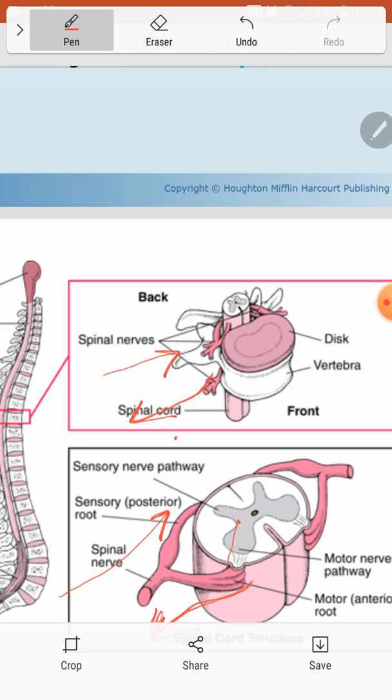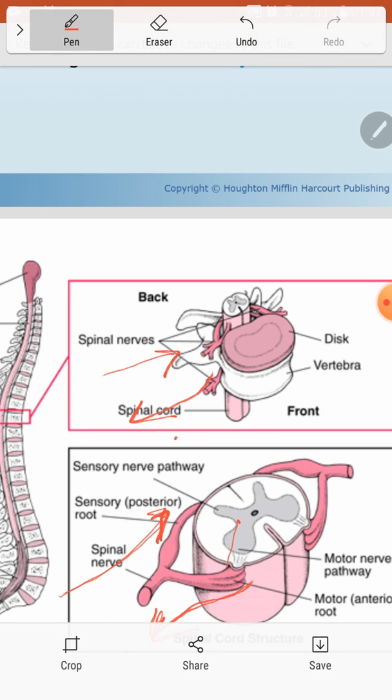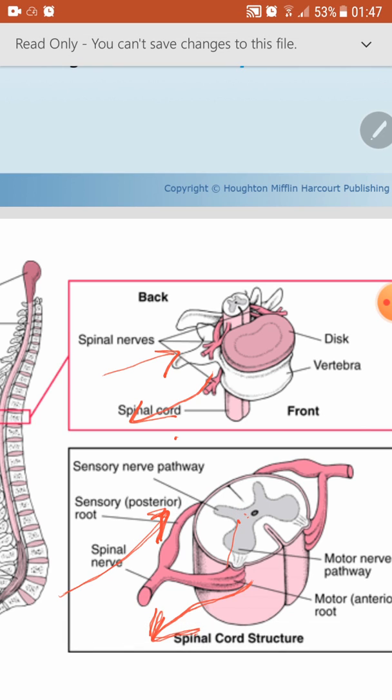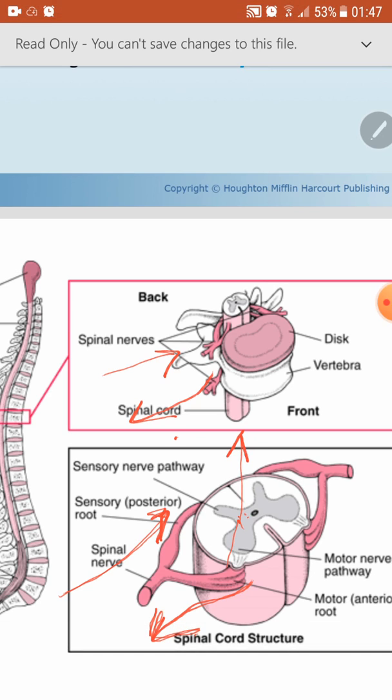If it was just warm and you realize that in your brain, the spinal cord will receive this sensation through the sensory nerves, by the sensory neurons. Then the spinal cord will move it to the brain.